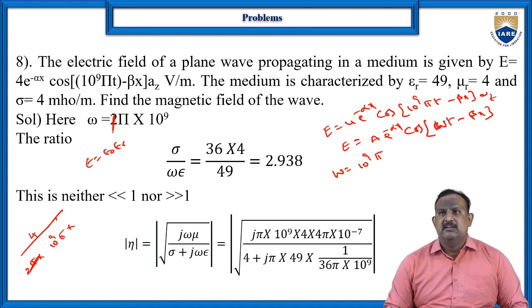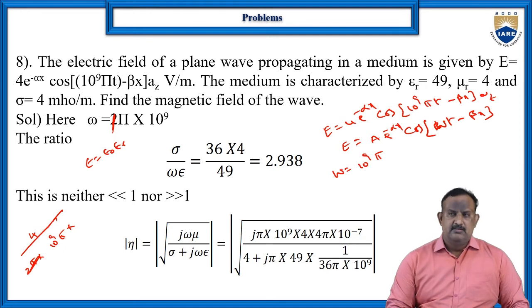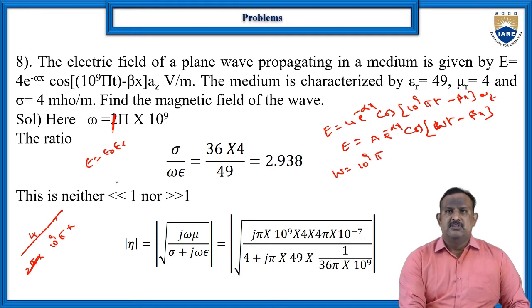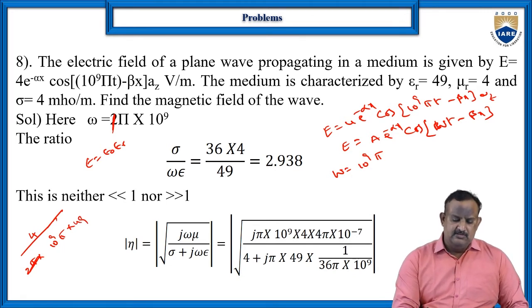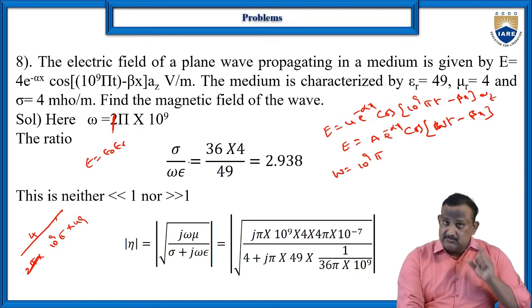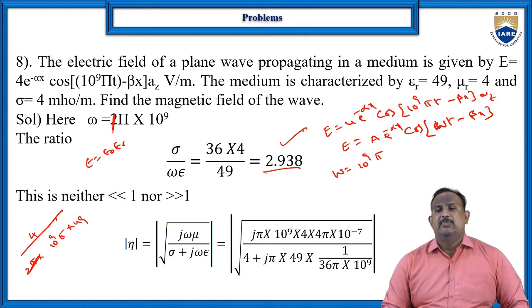Epsilon r is 49, so we substitute the 49 value here. If you simplify the expression, finally we have sigma by omega epsilon equal to 2.938.